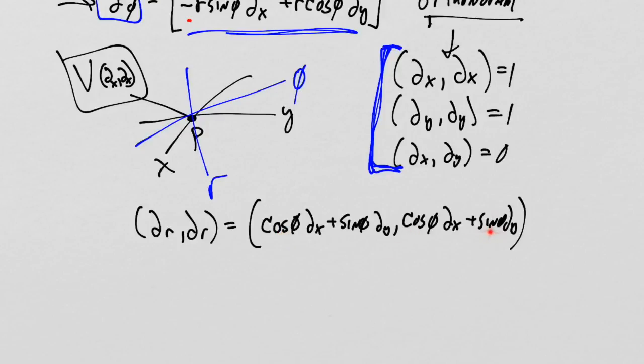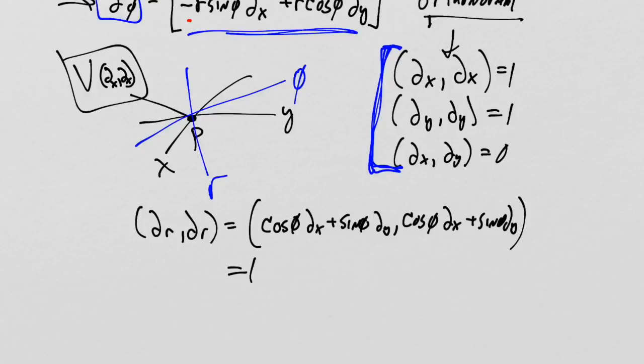Then I have cosine squared times cosine of phi times sine of phi, but the inner product of partial x with partial y is 0, so that term goes away. Then likewise, I get sine phi times cosine phi, but I have y with x, so that goes away. Then I have sine squared times the inner product of y with itself, which is 1. So I have cosine squared plus sine squared, so I get 1.